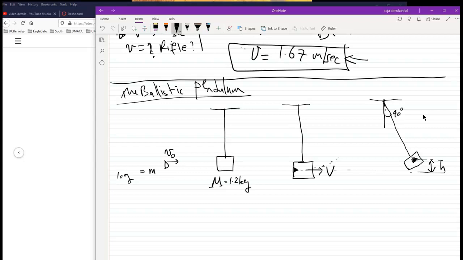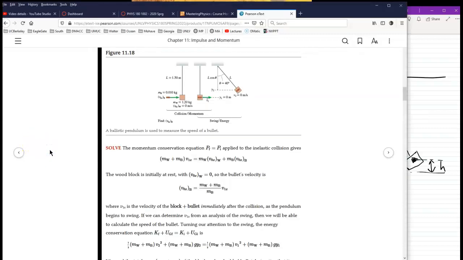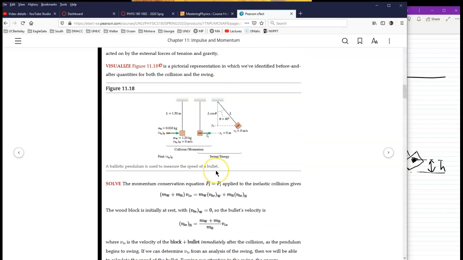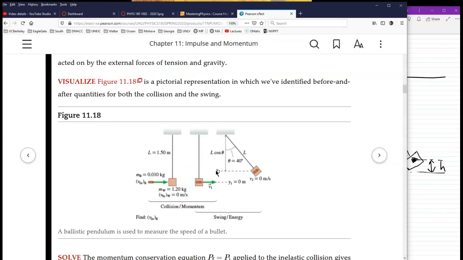Here, let me show you the picture. Let me make it bigger. There we go. Here is the length of the pendulum, 1.5, I didn't write it down. Here's the bullet. It goes to the block and becomes embedded in it.